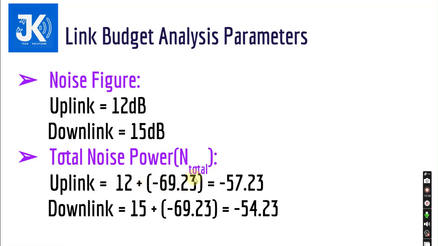We are adding both the values and got minus 57.23 as the total noise power for uplink. For downlink, similarly, we are substituting 15 dB plus minus 69.23 as the noise power. For the total noise power, we need to add the noise figure and the noise power. After adding these, we got minus 54.23 as the total noise power for downlink.